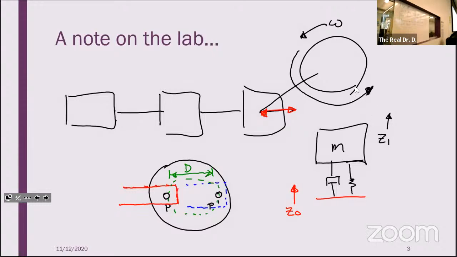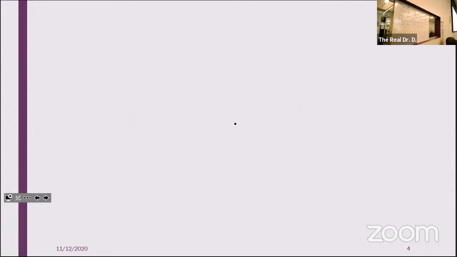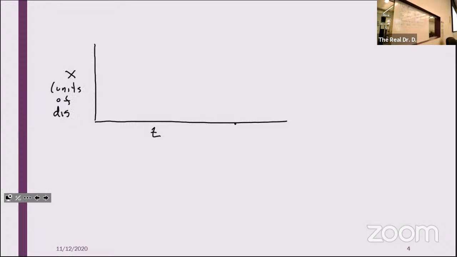Right, so let me draw this. What is this motion looking like? Because we want to know what the translational motion is. If I've got my X position here, and we'll say this is time on the X axis, and this is going to be in units of distance, because I don't have any units on there yet. And this will be in units of time, typically seconds.